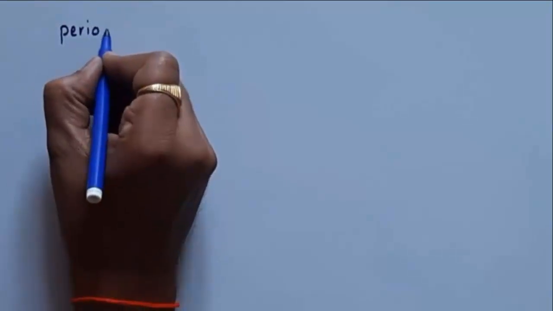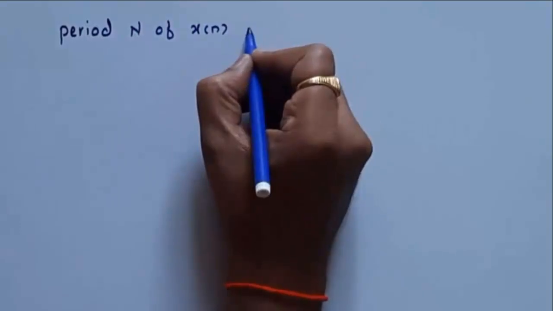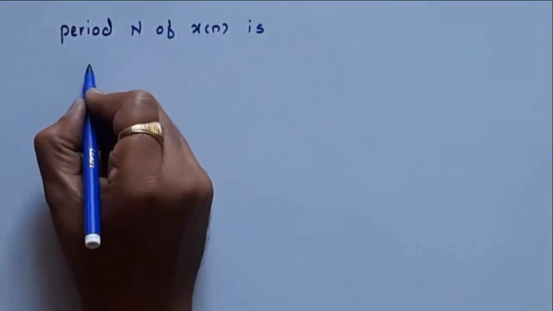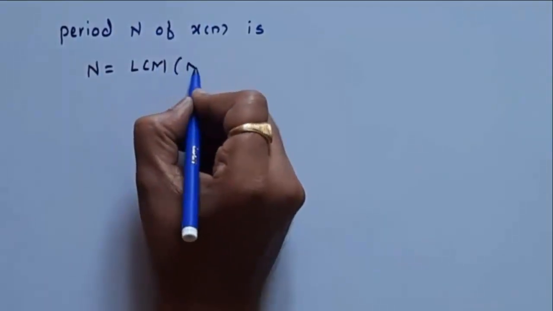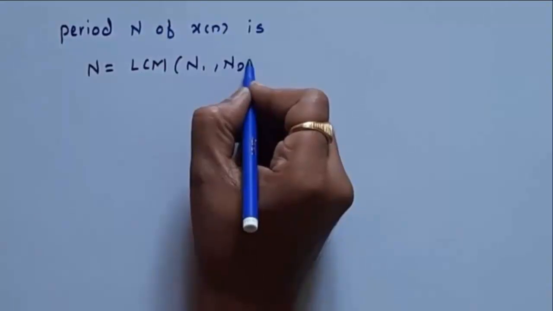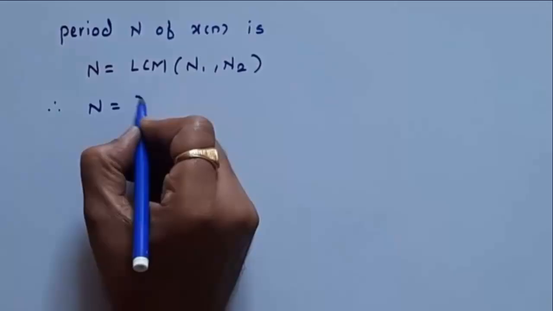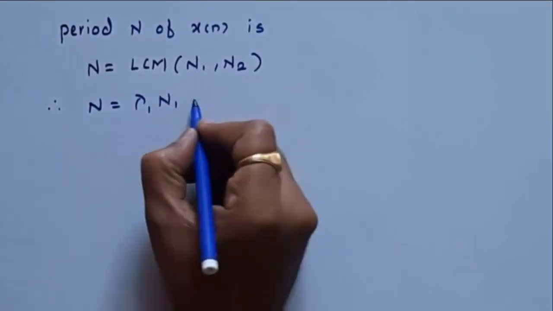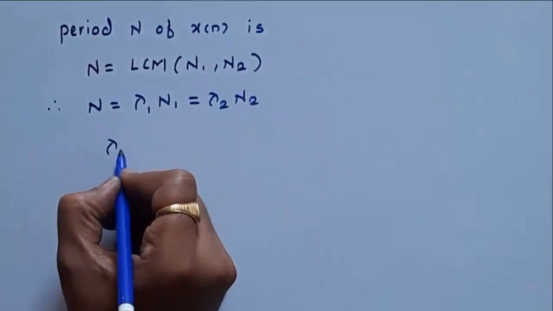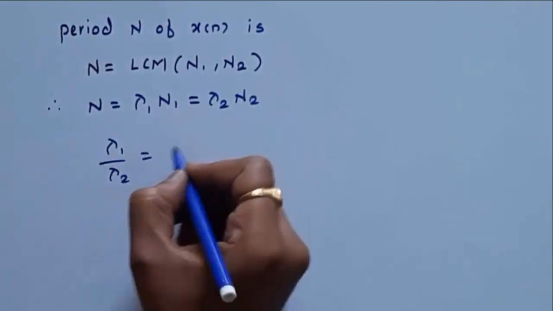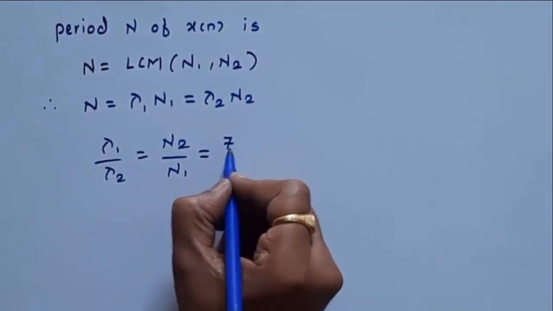And the period N of x of n is given by N is equal to LCM of N1 and N2. We will calculate the LCM using the lambda method, that is N is equal to lambda 1 into N1, lambda 2 into N2. Simplifying this, we'll get lambda 1 upon lambda 2 is N2 upon N1, that is 7 upon 9.